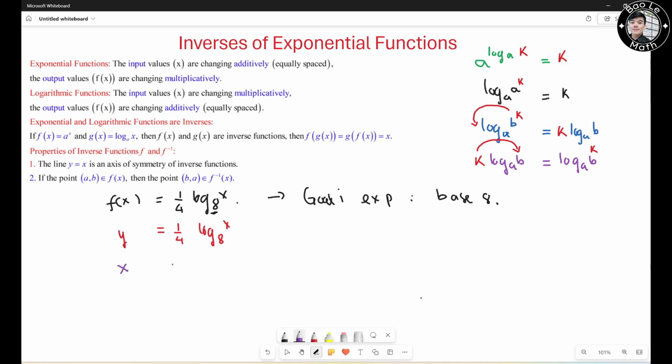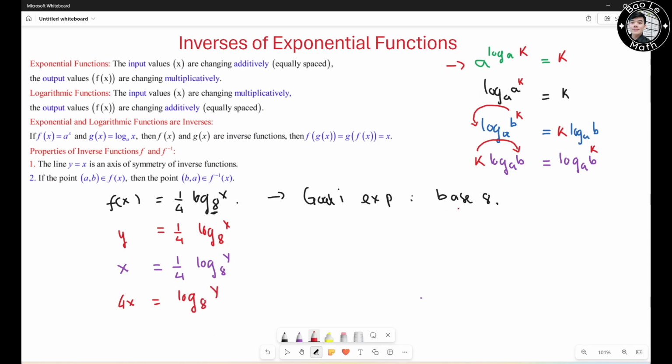So I have x equals 1/4 log base 8 of y. Then I need to eliminate the 1/4 in order to apply the formula. So I need to multiply both sides by 4. So it turns out to be 4x equals log base 8 of y.